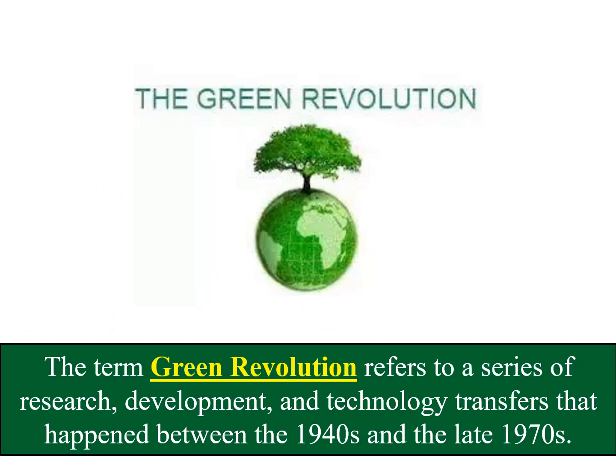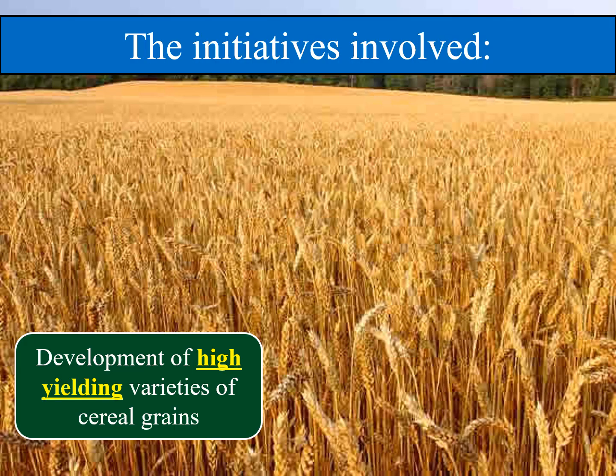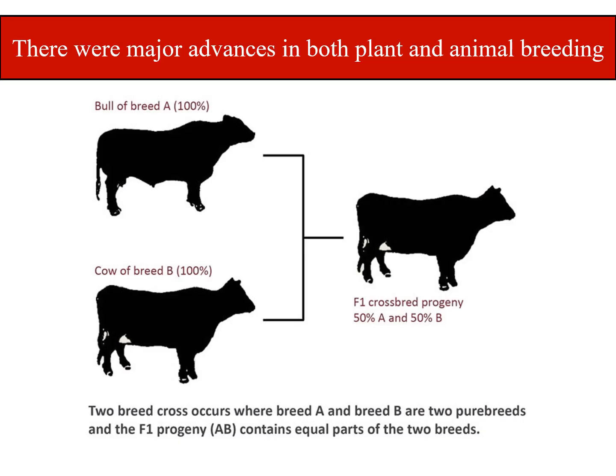The term Green Revolution refers to a series of research, development, and technological transfers that happened between the 1940s and the 1970s. The initiatives involved the development of high-yielding varieties of cereal grains. There were major advancements in both plant and animal breeding.